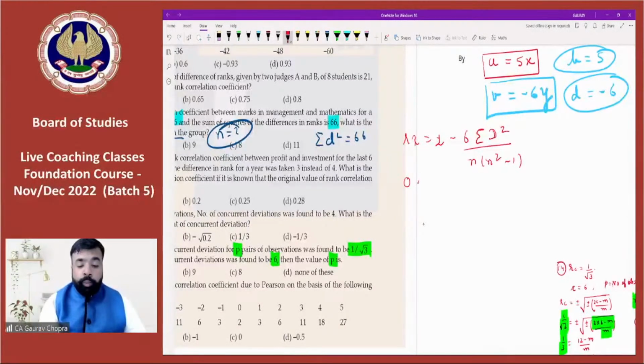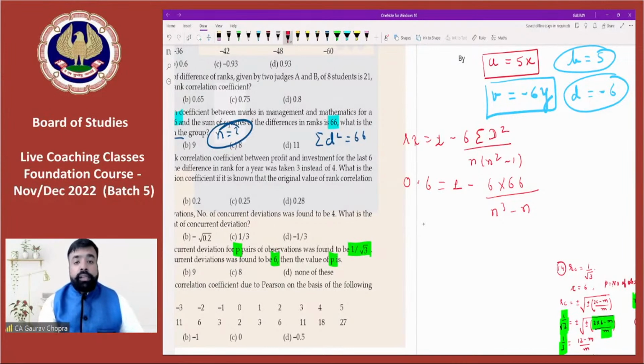So correlation is 0.6, 1 minus 6 into sigma D square is 66 upon N we don't know, so N cube minus N. Now send it on the other side. So 6 into 66 is how much? 330 plus 66, 396.